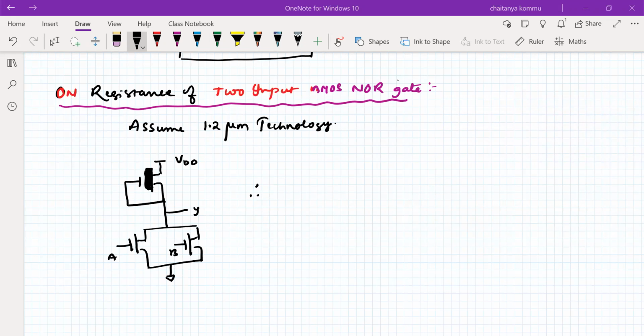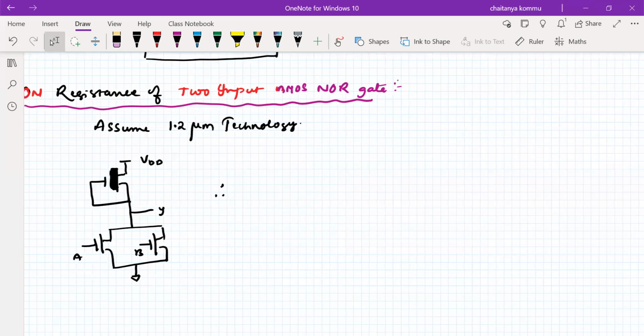So now, at what input voltage does it become on? I can write the truth table also. For example, A, B, and Y: 0 0, 0 1, 1 0, 1 1.